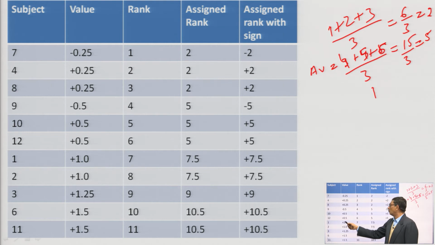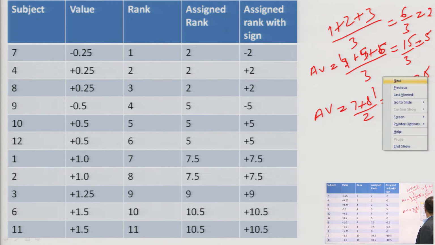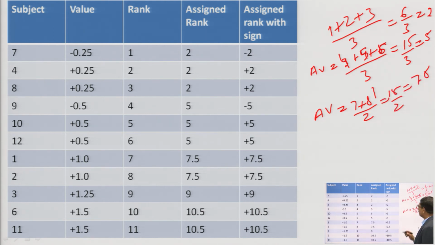Then for the next value plus 1.0 we give the rank 7 and for the next plus 1.0 we give the rank 8, and again the ranks are tied, so we find the average: 7 plus 8 upon 2, this is 15 by 2, which equals 7.5. So the assigned rank for these two values is 7.5, 7.5.